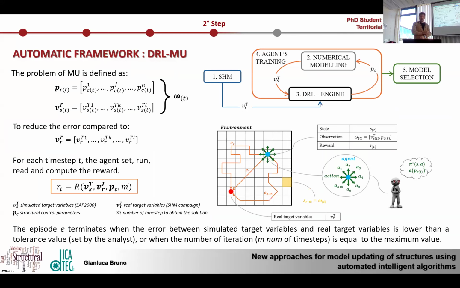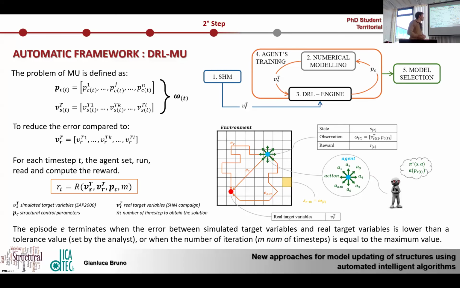Then it runs the analysis in the software and obtains the value of the observation and the instant value of the reward, defined by a general reward function. The episode ends when the error between the simulated target variable and the real target variable is lower than a tolerance value set by the analyst, or when the number of iterations is equal to the maximum value.